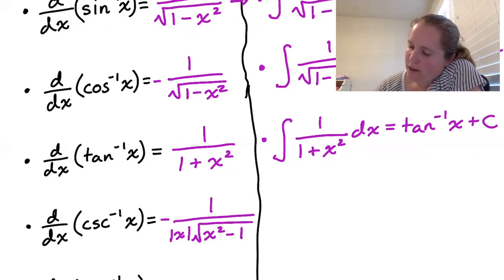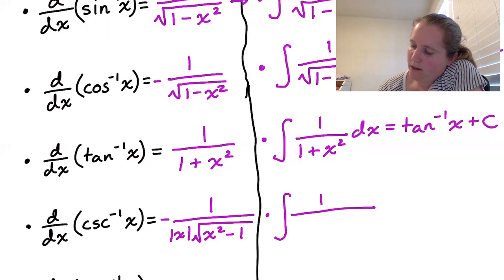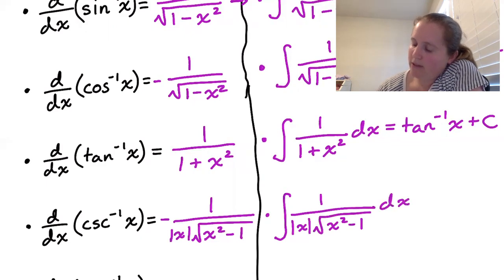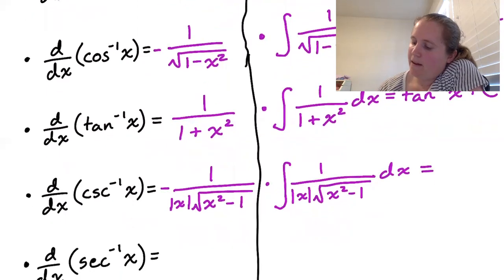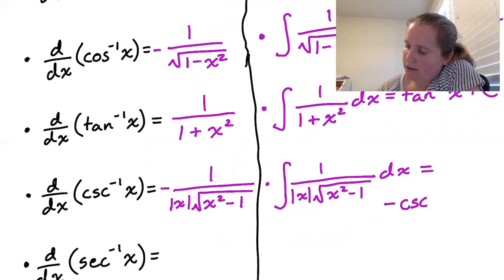And so we have the integral of 1 over the absolute value of x times the square root of x squared minus 1 dx is equal to, I didn't put the negative inside here, so we're going to have to do the negative in the answer. We have negative cosecant inverse x plus c.